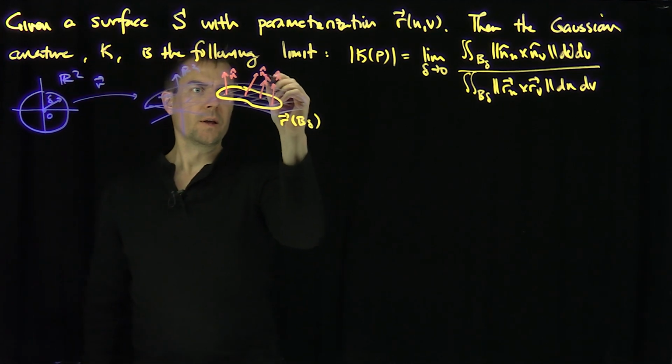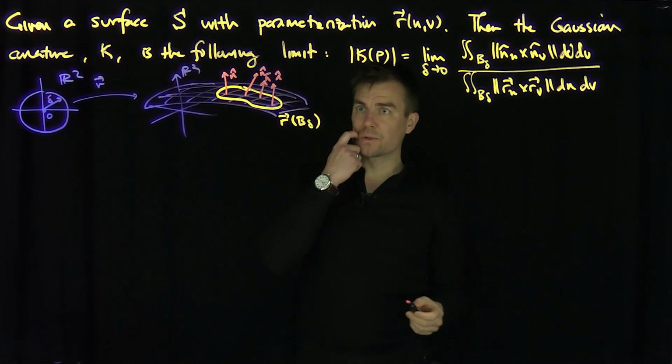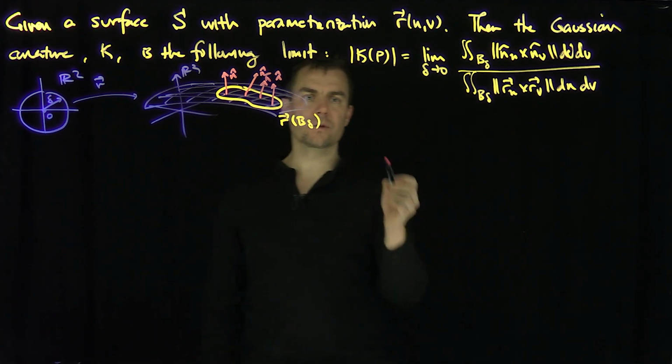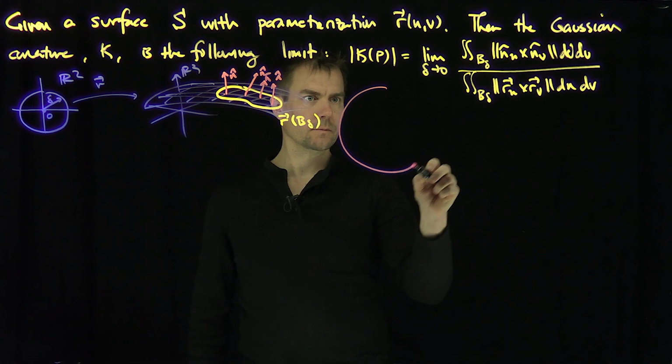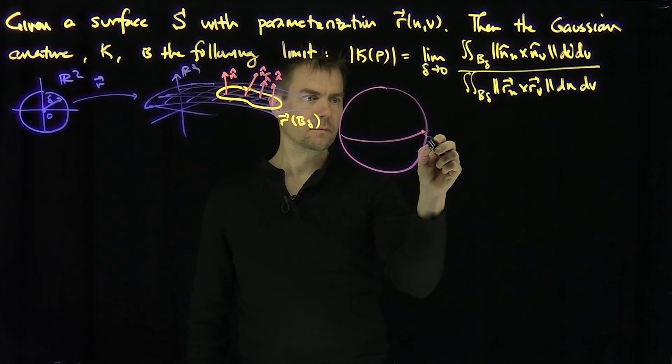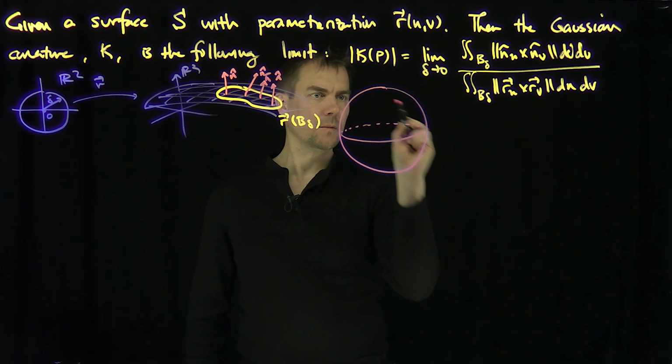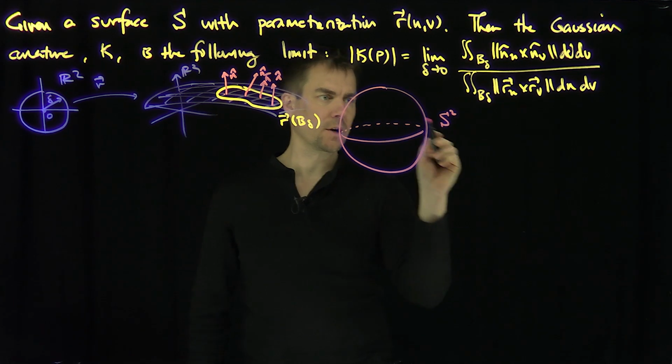What I'm going to do is keep track of all those n hats. Those n hats are all points on the sphere, right? In other words, those n hats are all elements of the sphere, my S2, the unit sphere.